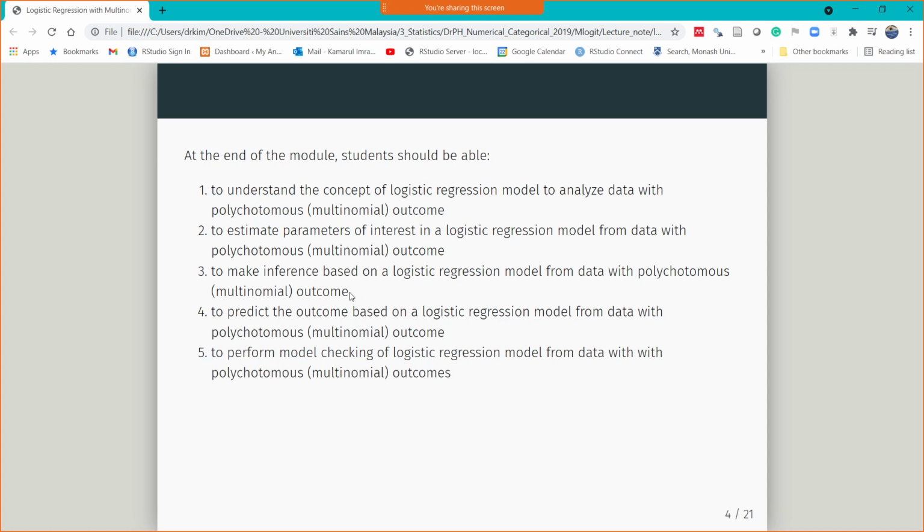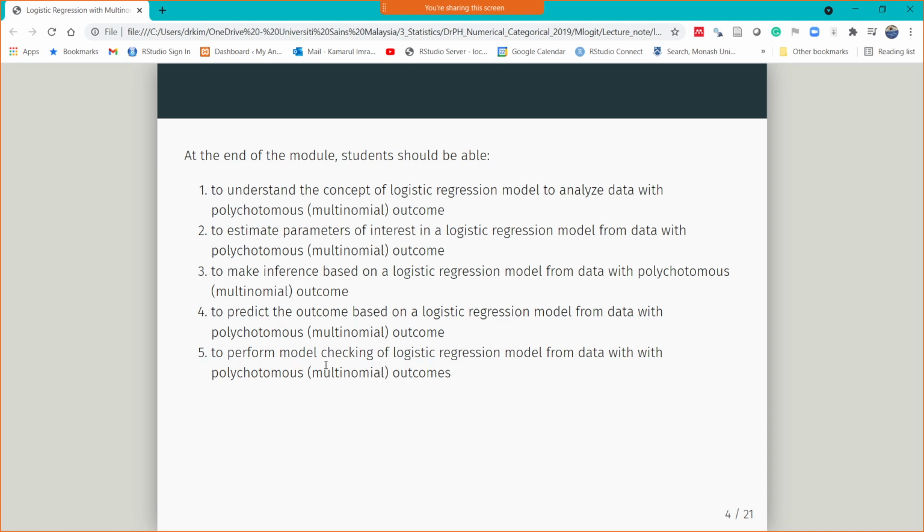And then based on the model, you can do prediction. And in logistic regression, the prediction usually includes one, getting the probability of the outcome, and number two, getting the predicted class of the outcome.